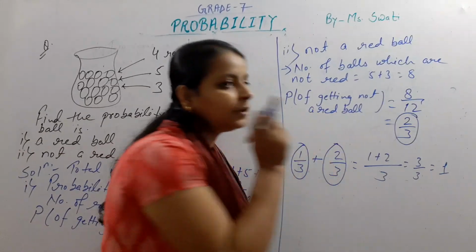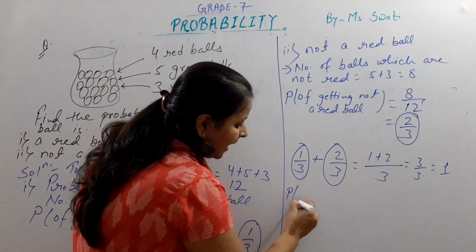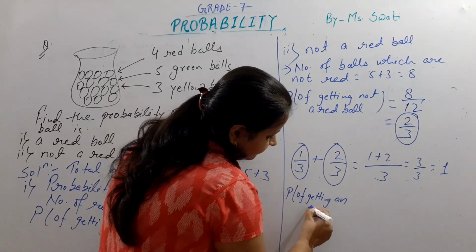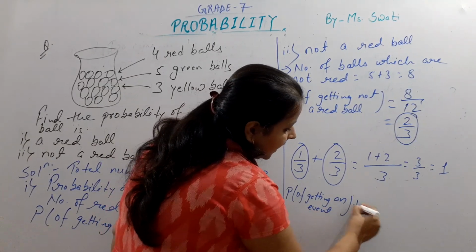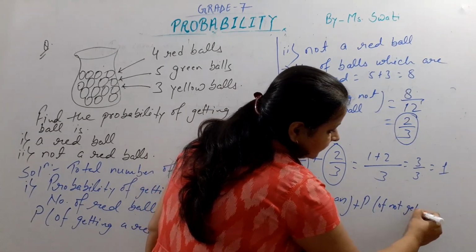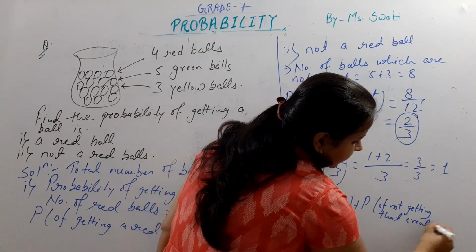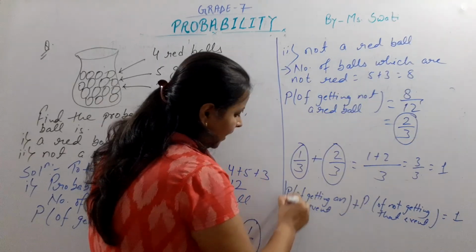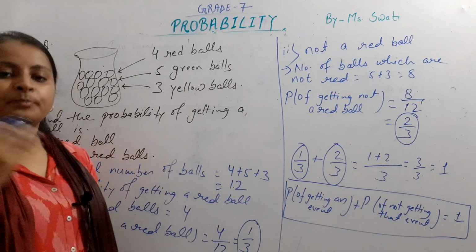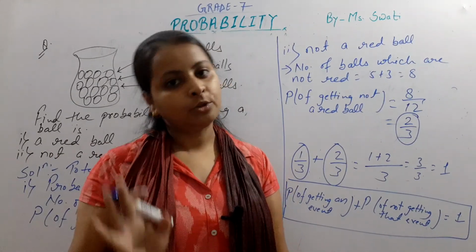The sum of the probability is equal to 1. Probability of getting an event plus probability of not getting that event is equal to always 1.